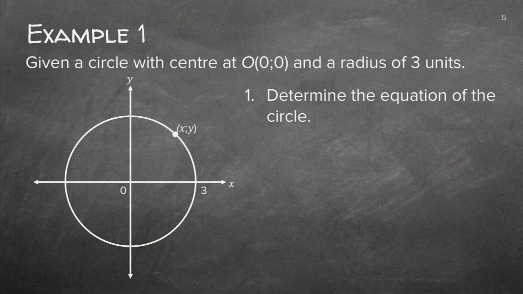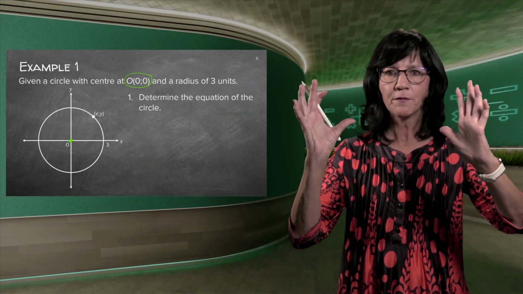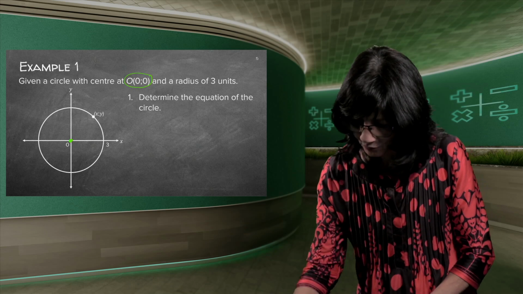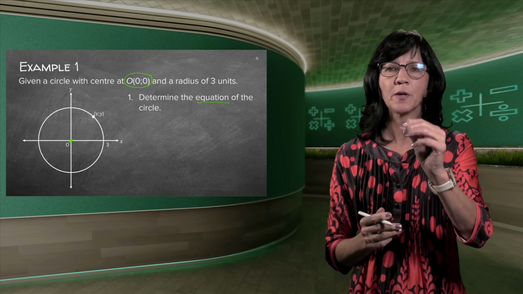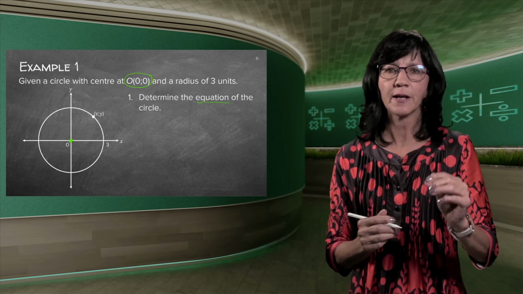Given this circle with center at 0, 0, that is a very important thing to know. If I know this circle is at the origin, before I go any further, I can immediately write down the equation. Remember our method that we always use for all analytical geometry: if we read a word that we know a formula for, we need to write down that formula.